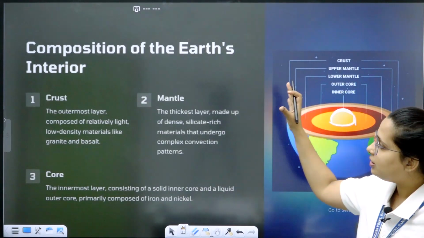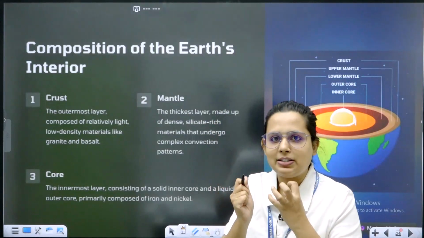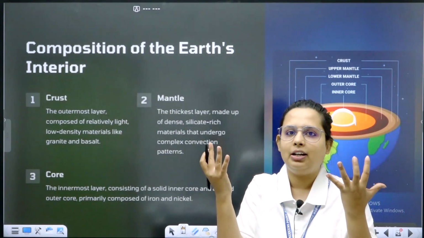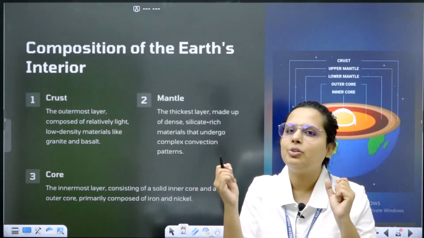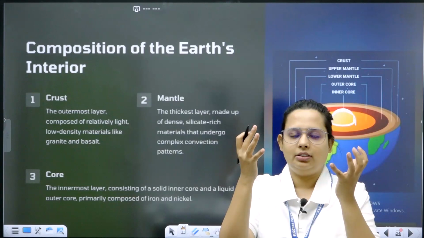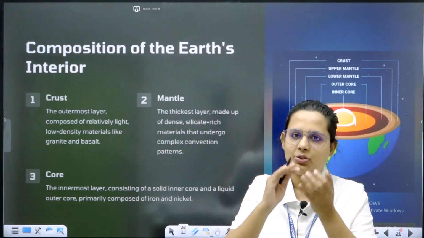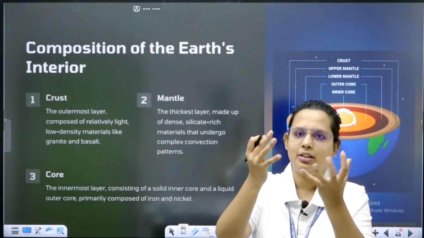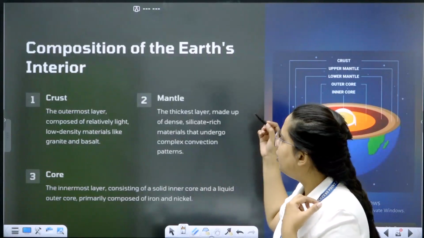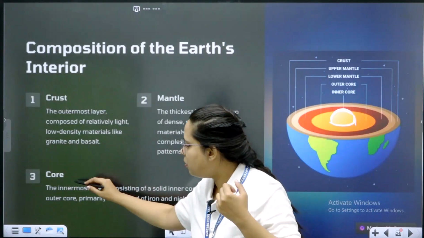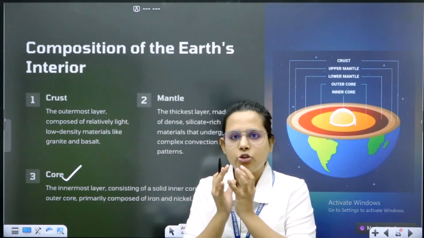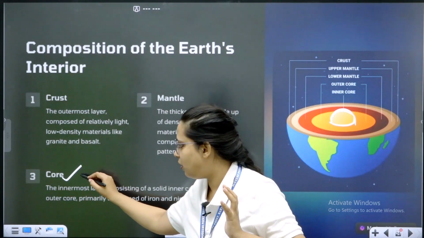Now, earth's interior is divided into three layers, I would say. Why layers? Because the earth is spherical or geoid in shape, and that is why it will have spherical layers, right? So the innermost sphere of the earth is what we call the core.